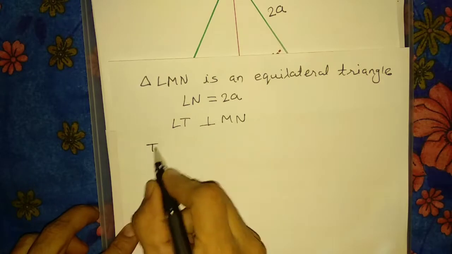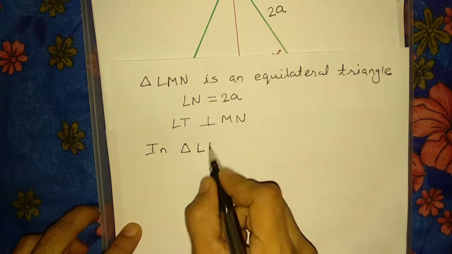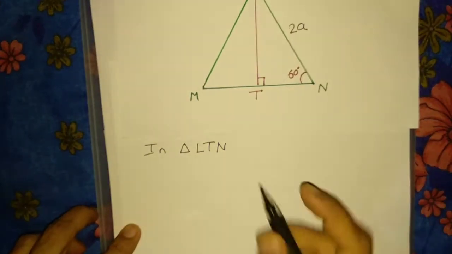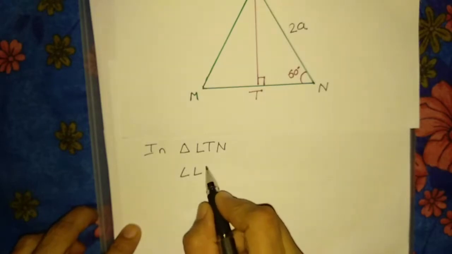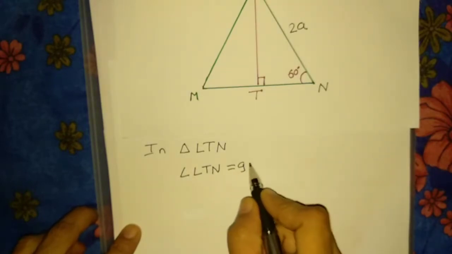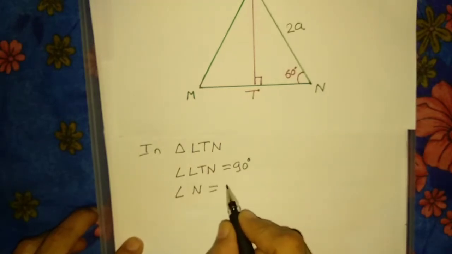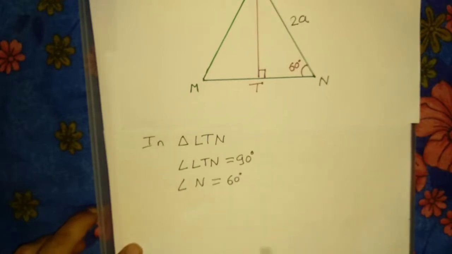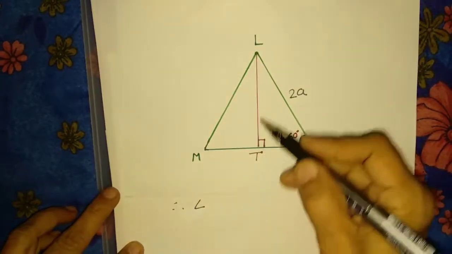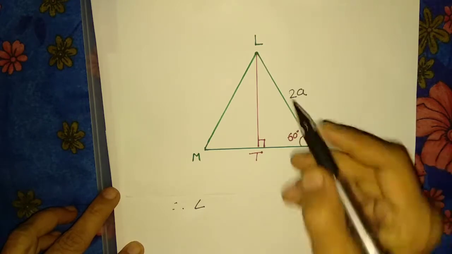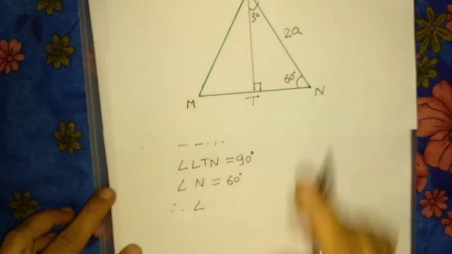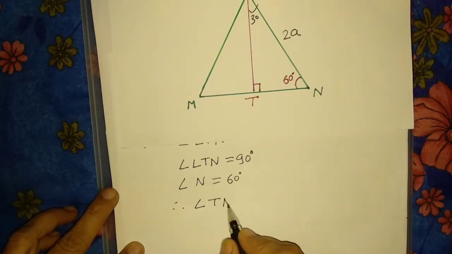In triangle LTN, angle LTN is equal to 90 degree. Angle N is equal to 60 degree, and therefore angle TLN is equal to 30 degree.